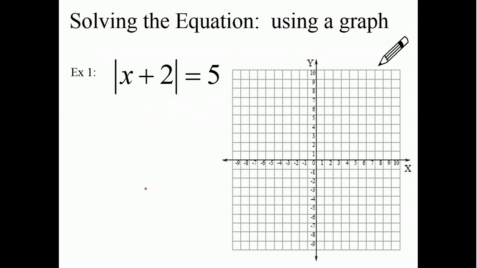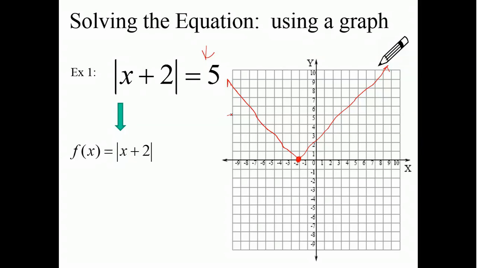Let's think of it using the graph. I have |x + 2| = 5. Let's graph the absolute value of x + 2. Remember, plus 2 inside the absolute value bars moves your V to the left, so let's move our V to the left here, and then go up 1 over 1 on both sides. Now what it's saying is, where is this equal to 5?